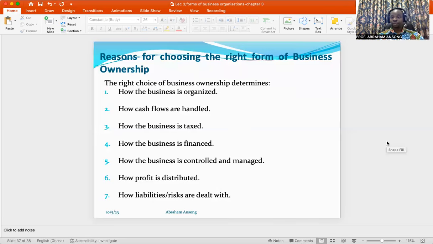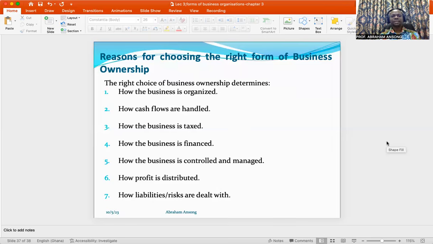In the case of partnership, maximum of 20. In the case of sole proprietorship, it's normally just one person. All right. Because of issues about the size, about resources or assets, they tend to find it very difficult to be able to raise funds from financial institutions. But that is not the case of companies.